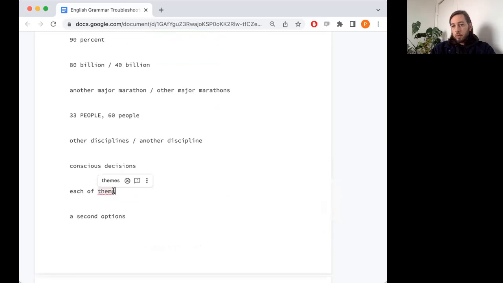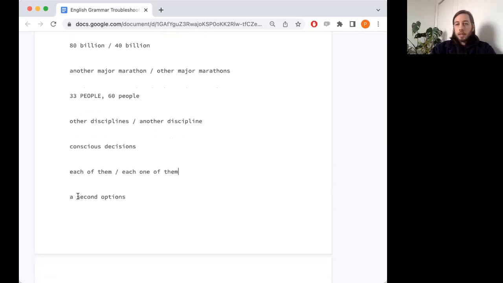The next example, the word them, is never plural. It's already plural. So you say each of them. That's like saying each one of them. Okay, moving on. A second option or second options, but in this case, it's just going to be one. So you say a second option.